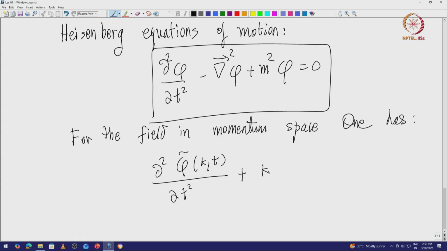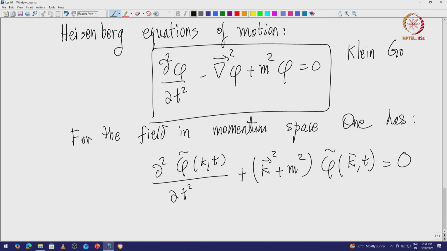So this just becomes k squared plus m squared times phi tilde of k, t is equal to 0. Now this equation of motion is nothing but your Klein-Gordon equation of motion. I think all of you realize that.